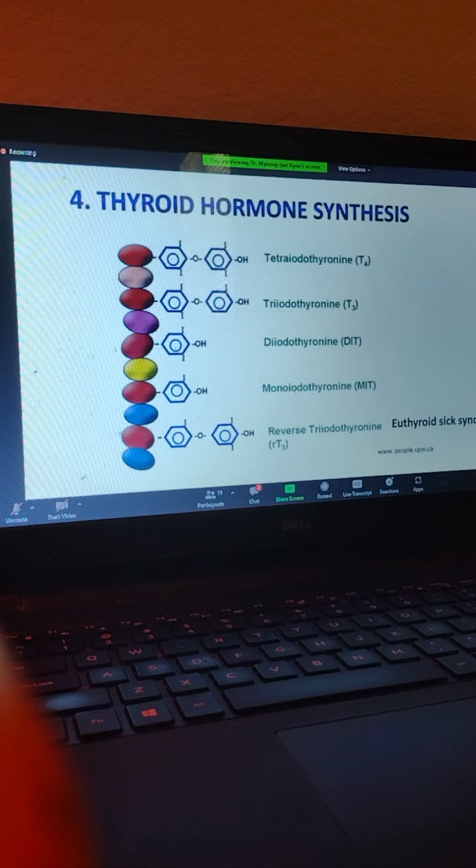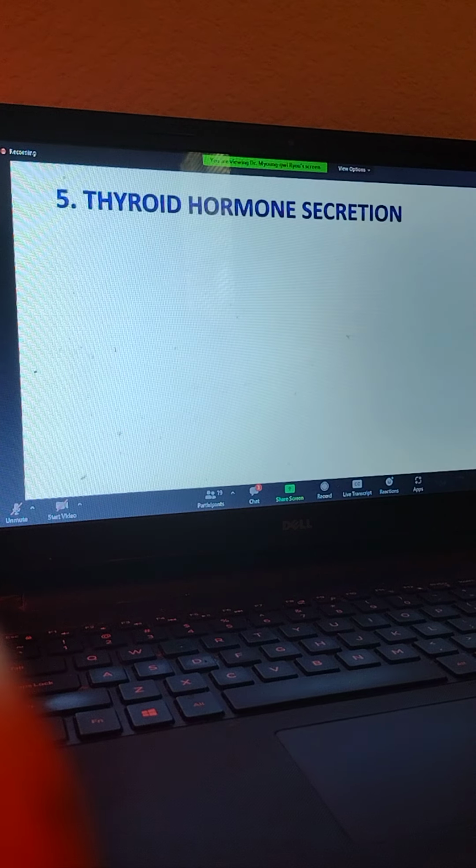If you somehow increase RT3, which is not functioning, it's going to slow down the thyroid hormone release from the thyroid gland. As a result, it's going to cause euthyroid sick syndrome. Again, knowing the deiodination position is important here.